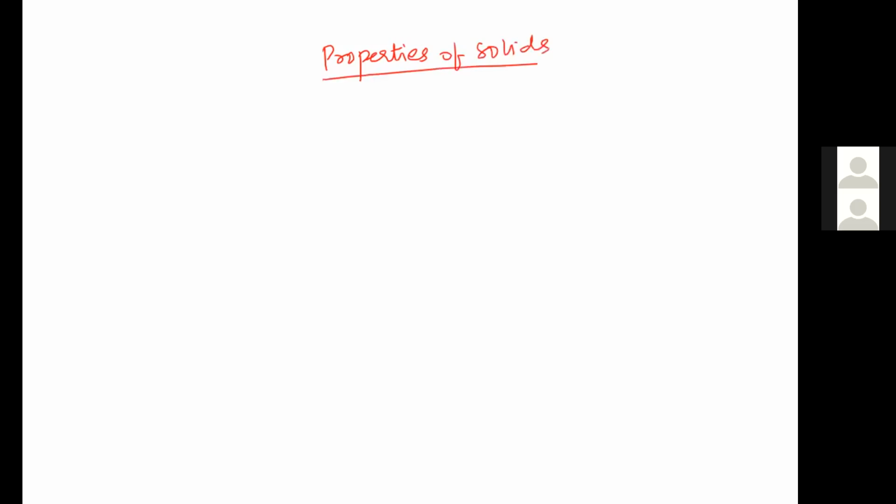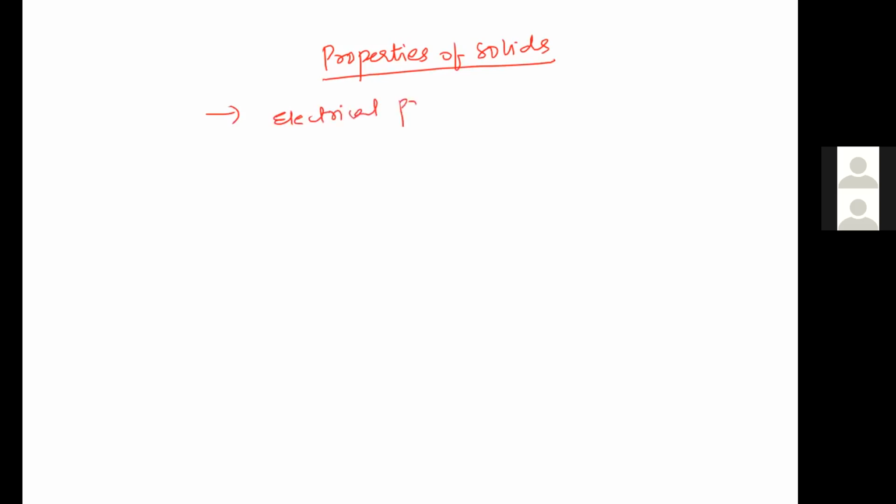Next, we are starting with the properties of solids. I also mentioned in the previous class the 3 types of properties that we will be discussing.